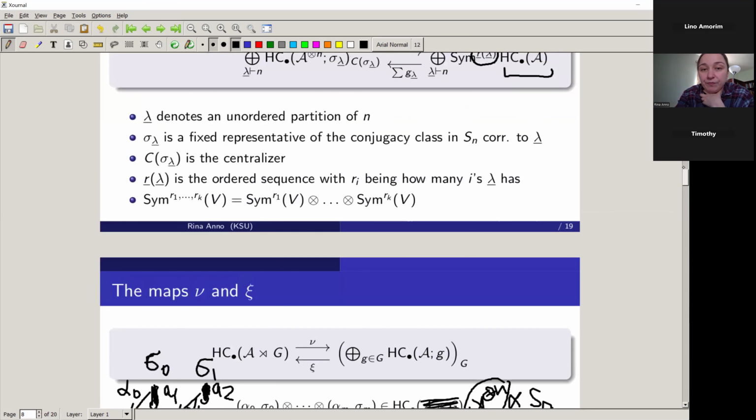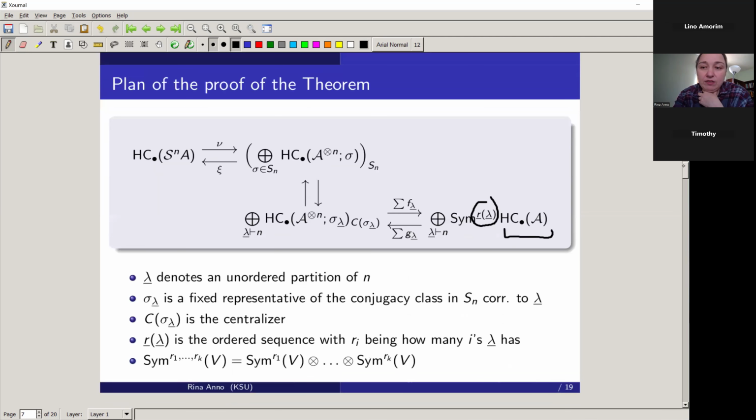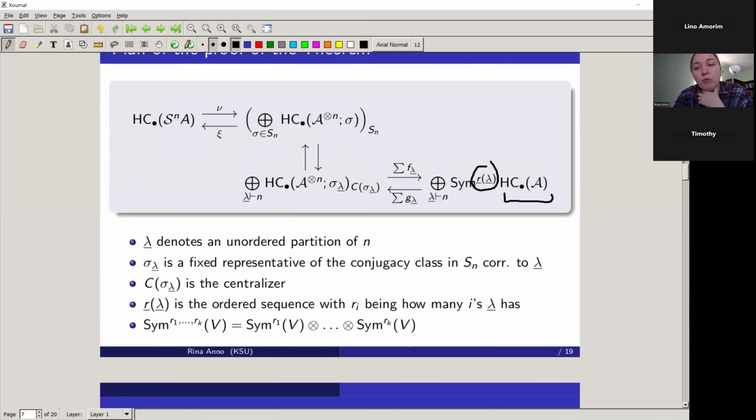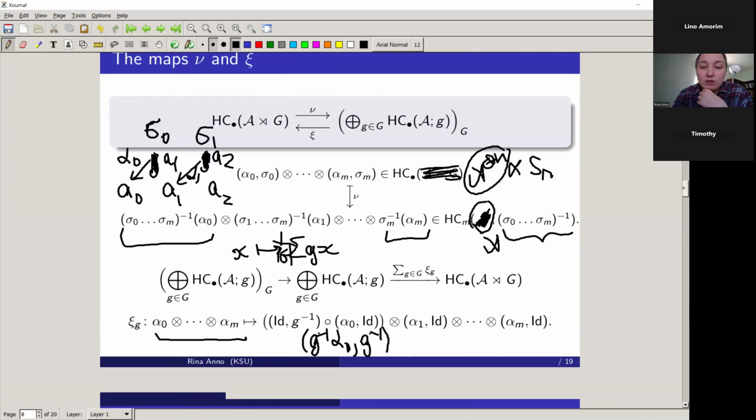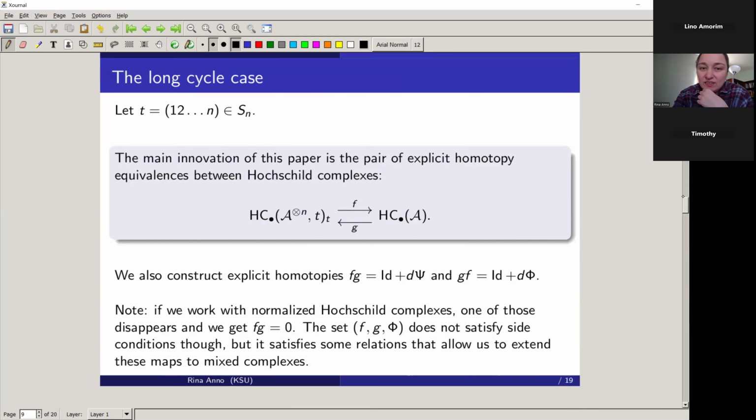Then the pair of vertical maps are quite technical. I mean, the vertical arrows are really straightforward because we take coinvariants by the action of the group, and the group acts by conjugating.